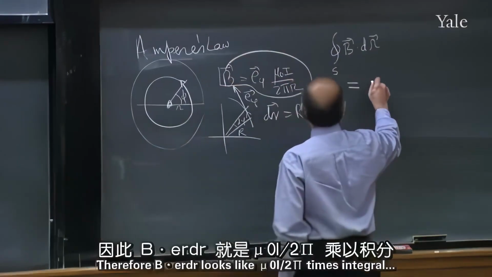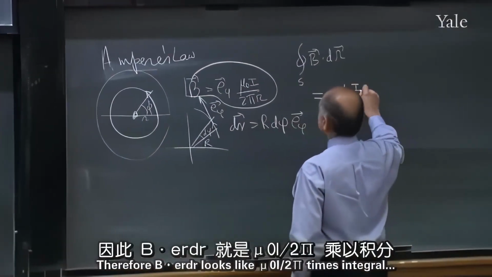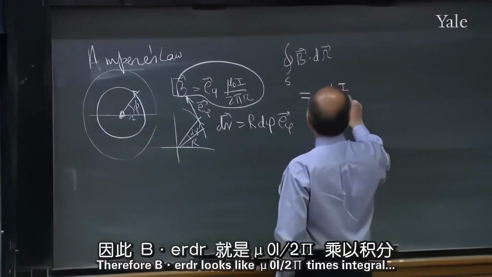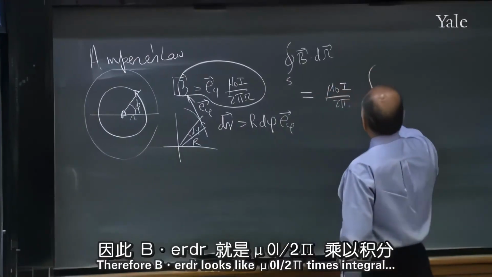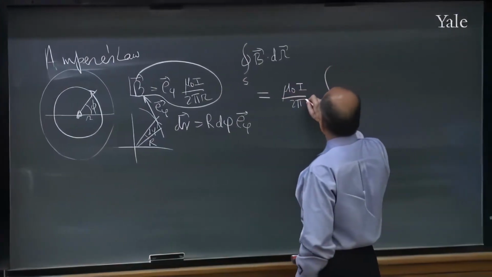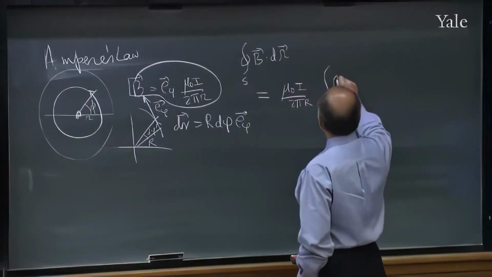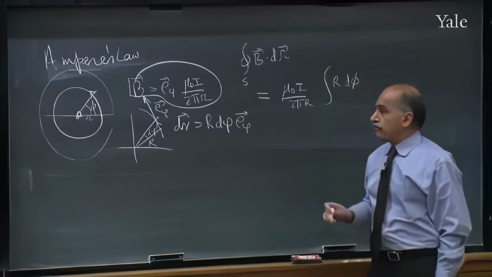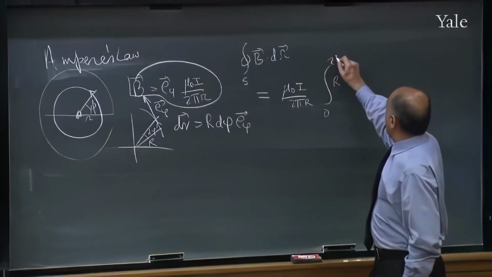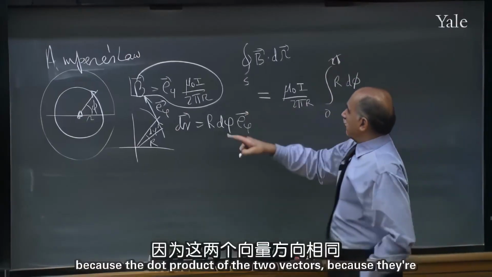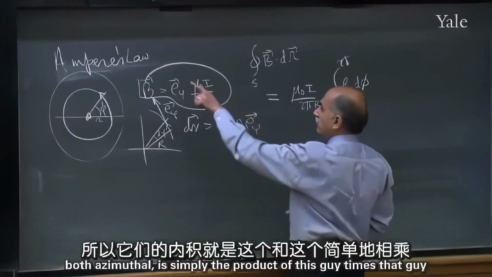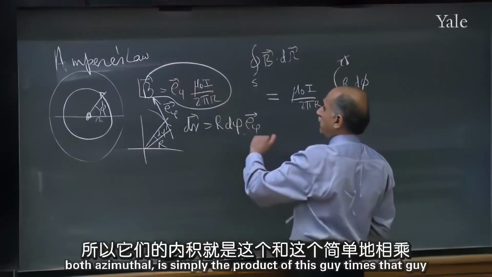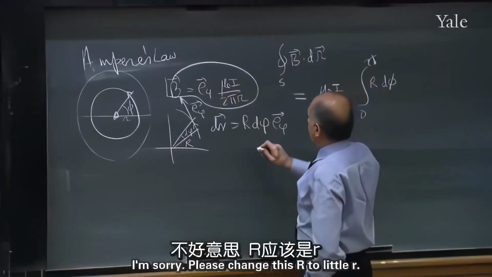Therefore, B dot dr looks like mu 0 I over 2 pi times integral, because the dot product of the two vectors, because they are both azimuthal, is simply the product of this guy times that guy. I'm sorry.